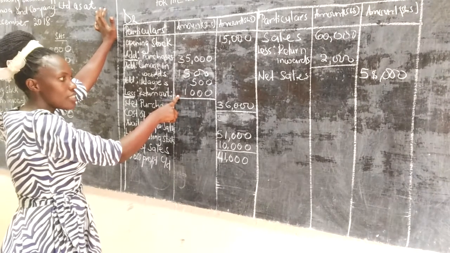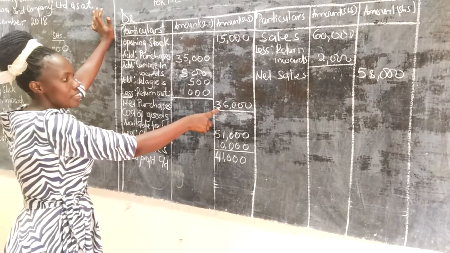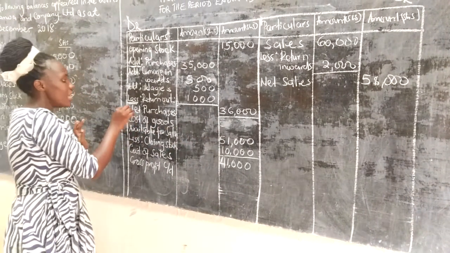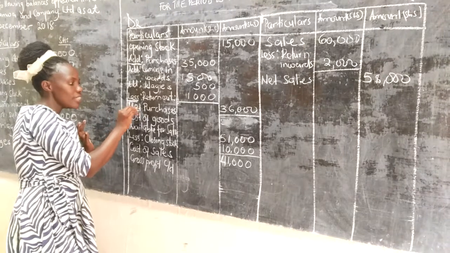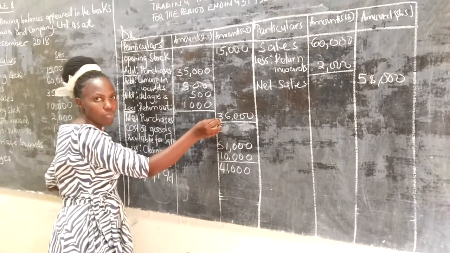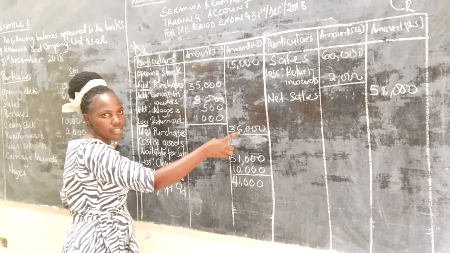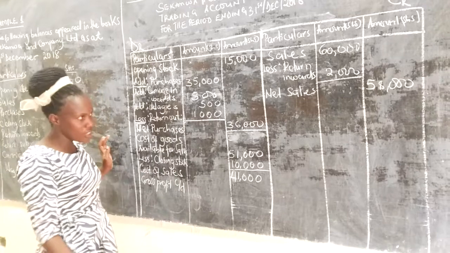On your calculator, when you add, we shall be getting 36,000. And that figure, we call it net purchases, which we are taking in the second column because we said opening stock add purchases. So we write it there in the second column.